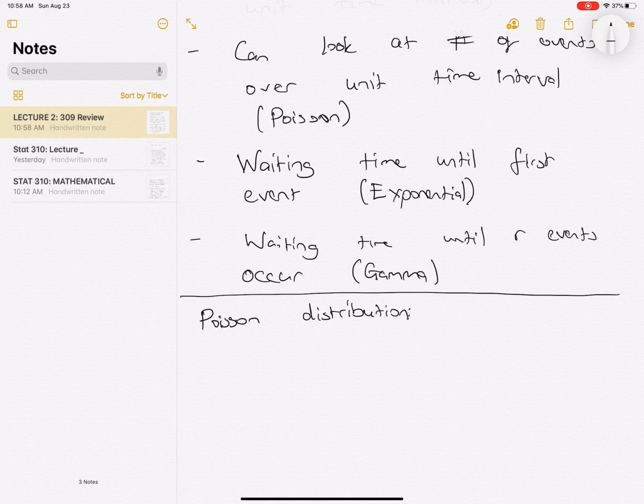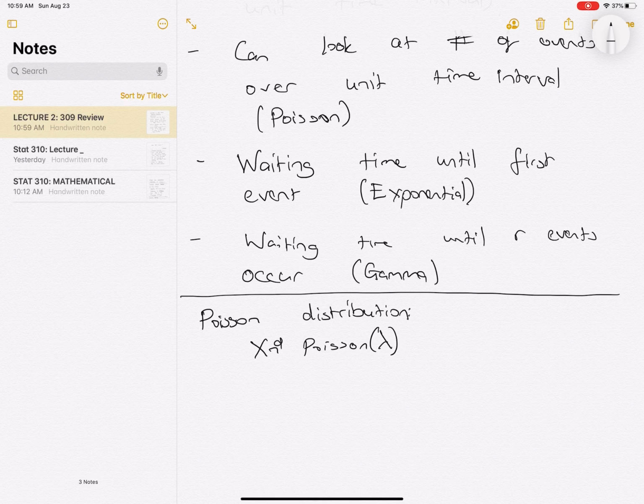Okay, so the final discrete distribution that we're going to cover today is the Poisson distribution. So this is the number of events that occur over a unit time interval. So here we have that X is Poisson(lambda).